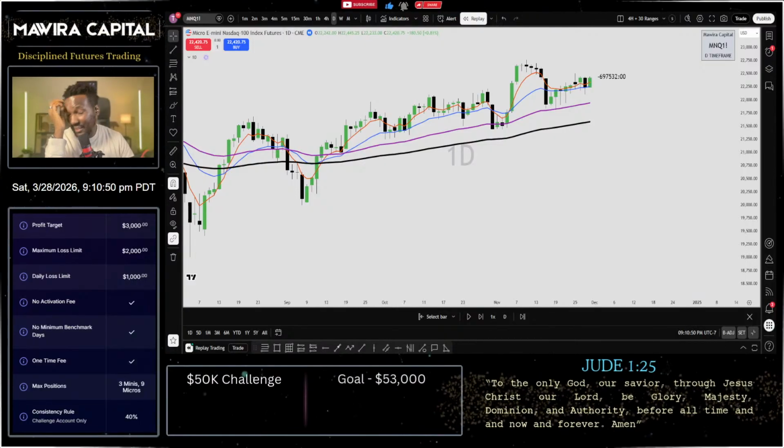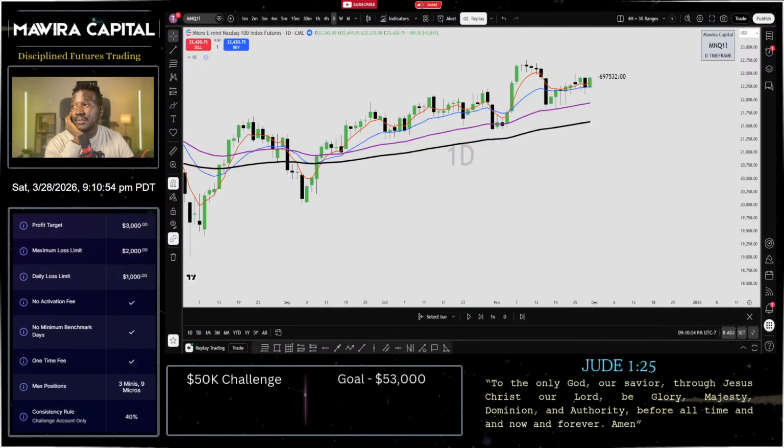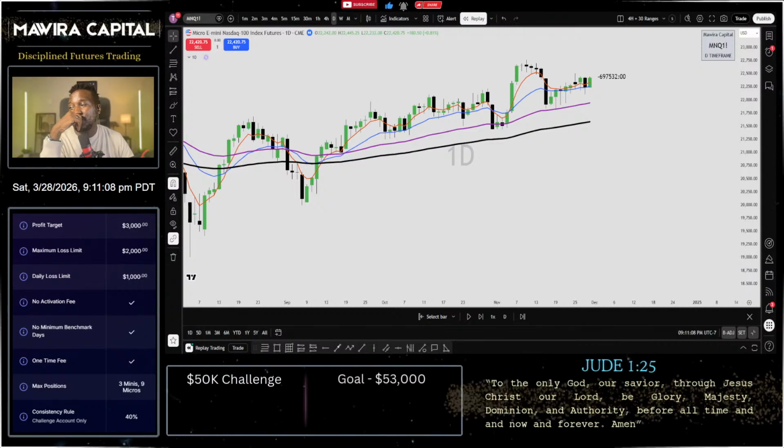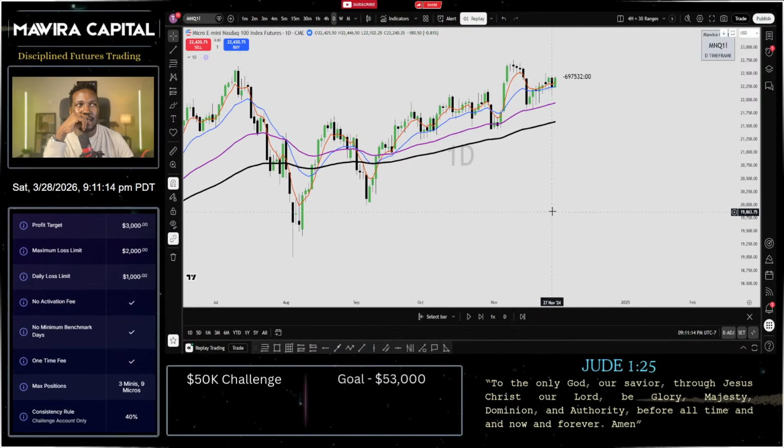So I'm thinking they want you to work with the minis so you can fail fast, right? And the equivalent of 3 minis should be 30 micros, but they're only giving you 9 micros. But what I've discovered is, with what I want, 9 micros is too much. Like, I don't need all that. So me working with minis, man, I don't know.